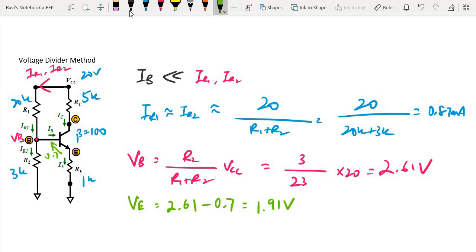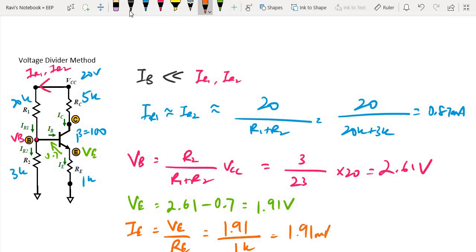Once I know the voltage VE, I can know the current flowing through this resistor RE, which is IE. So IE is equal to VE over RE, which is 1.91 over 1k, equal to 1.91 milliampere.